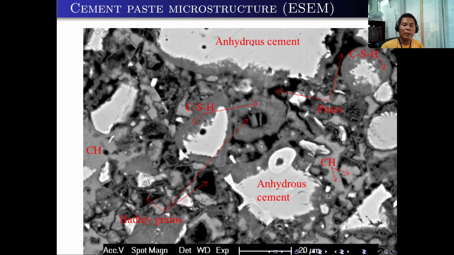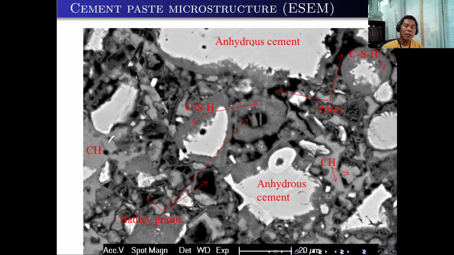If you look at the cement paste, that is cement with water, it will hydrate and it will become hardened in several hours. It is what we call a cement paste. I cut a portion of the cement paste, polish it, and look at it under the electron microscope. I use the electron microscope here.